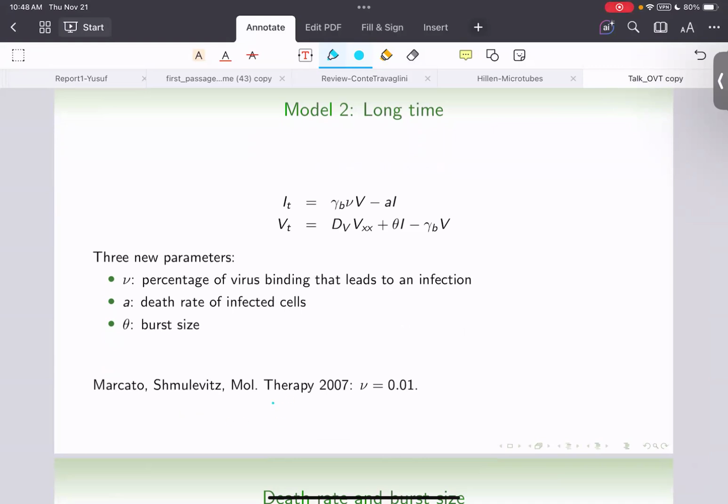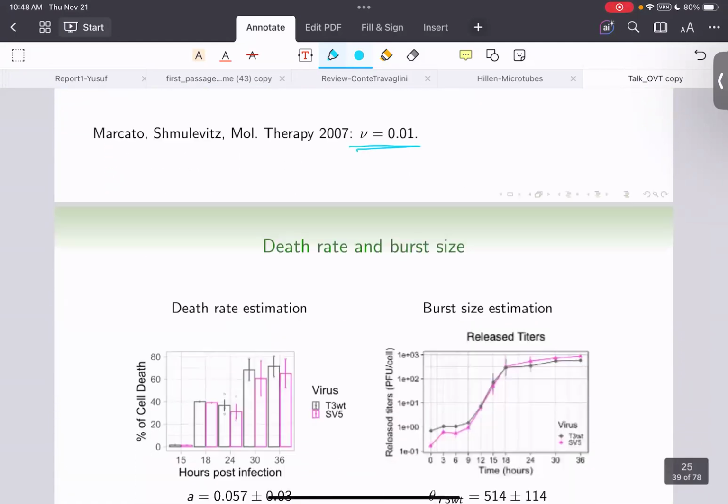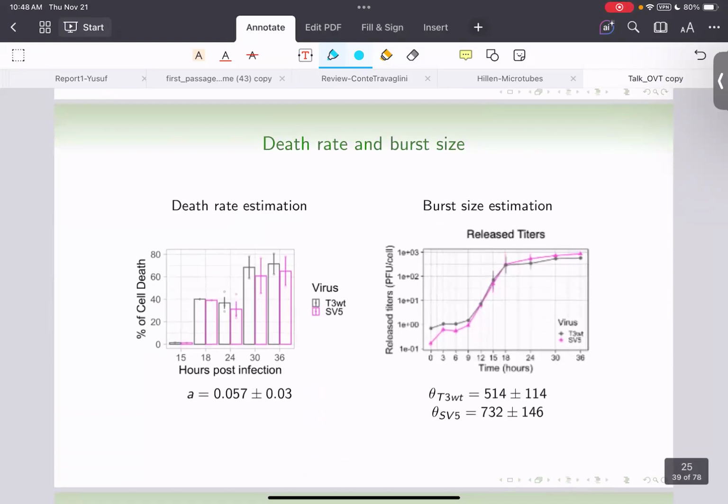So Shmulevitz, they published in an earlier paper nu to be 0.01. So only 1 in 100 virus particles leads to an infection of the cell, even if they bind to the cell. And then for the death rate and the burst size, we have extra experiments. So here, this is for the death rate of infected cells. And then here is number of cell deaths. And you see at 15 days or so, all cells are alive.